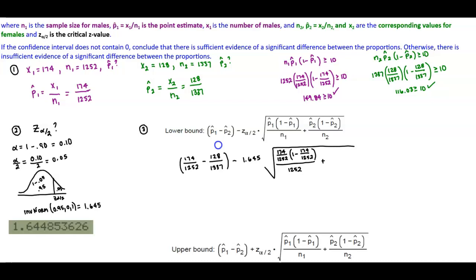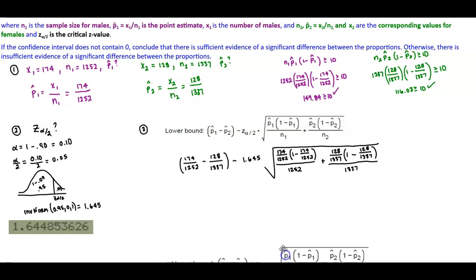And then plus, we have 128 divided by 1337 times 1 minus 128 over 1337, and then we're dividing that by 1337. Okay?